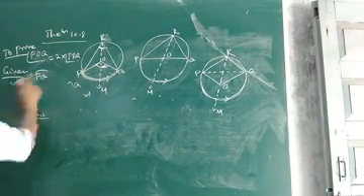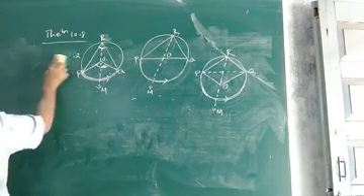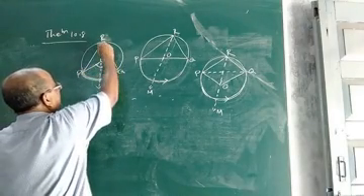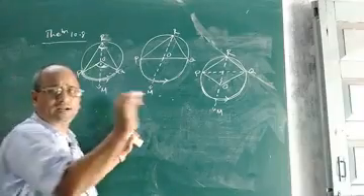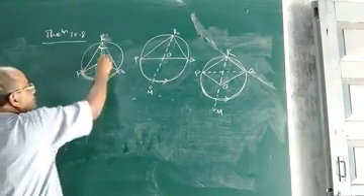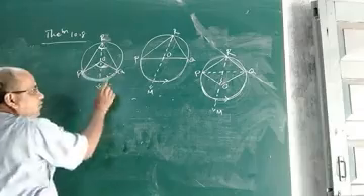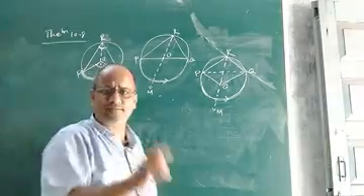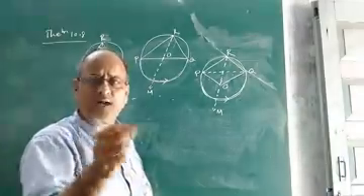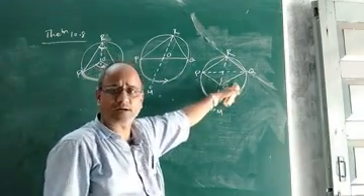How to prove that the angle subtended by this minor arc PQ is double or twice the angle subtended by the same minor arc on the remaining part of the circle, that is at the point R? We will prove this in three different cases, because the arc may be a minor arc, a semicircle, or a major arc.